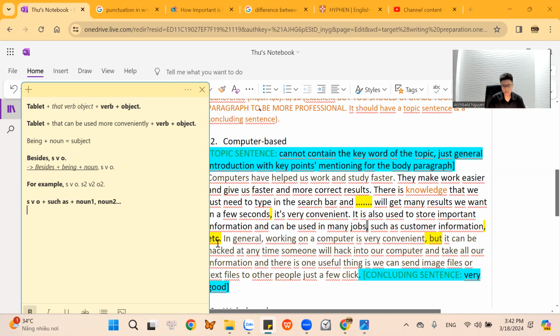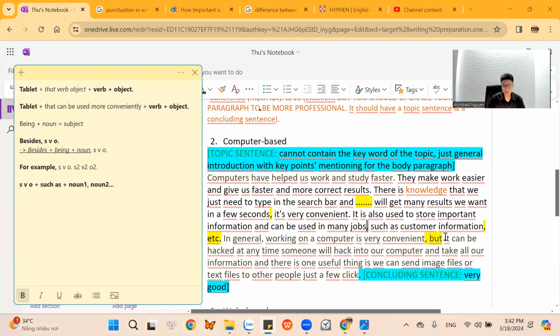Here you cannot use etc., because if you want to use etc., you should list down more than 2 key points. Here your list is only one, that is customer information. So when you have only one idea, don't use etc. And please remember, in writing, don't write etc. Please write and so on.